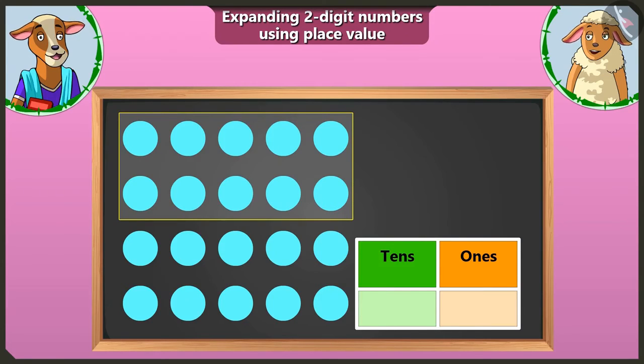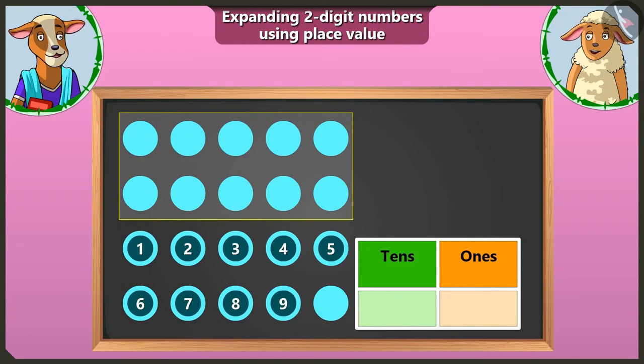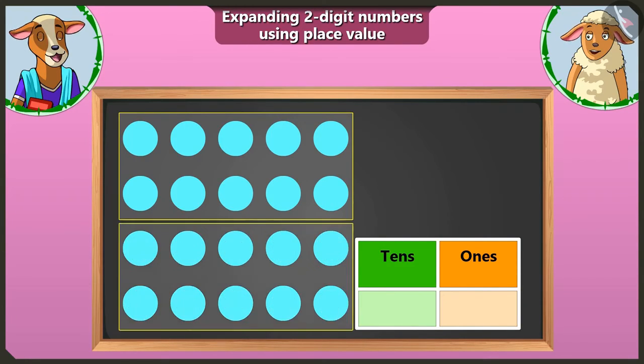Now let me count the remaining circles too. 1, 2, 3, 4, 5, 6, 7, 8, 9, and 10. With these, let me make a group of 10 like this. Now there is nothing remaining.